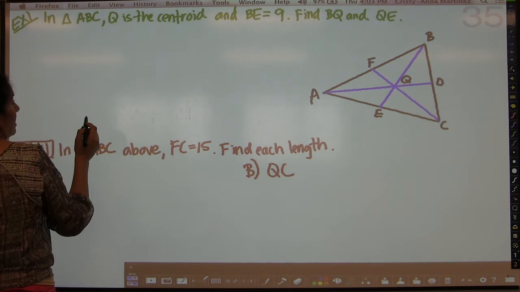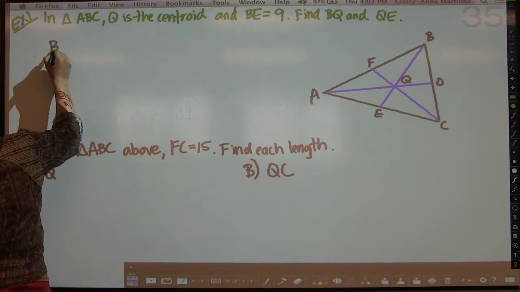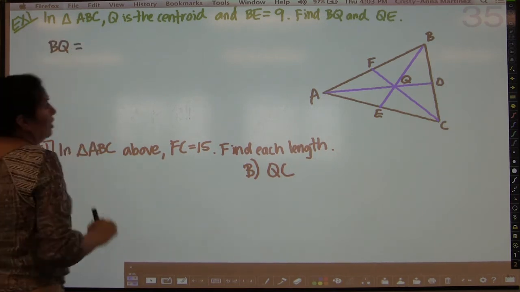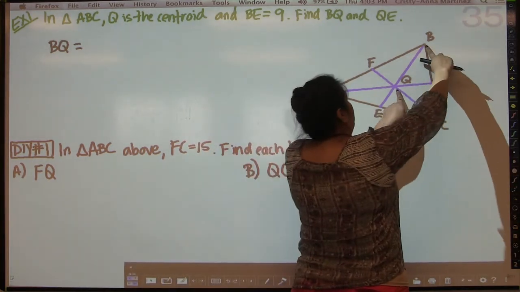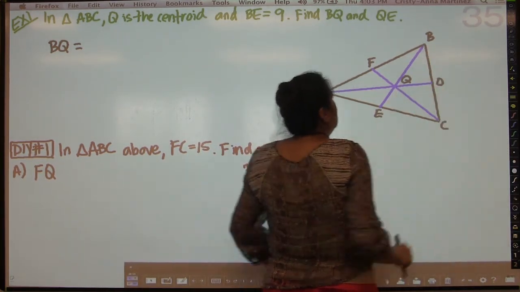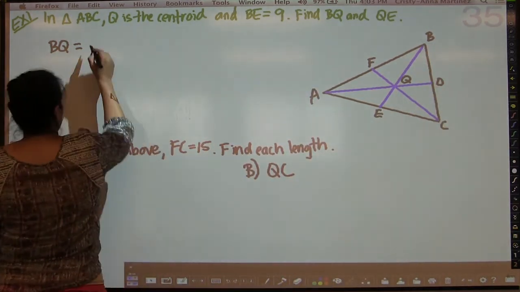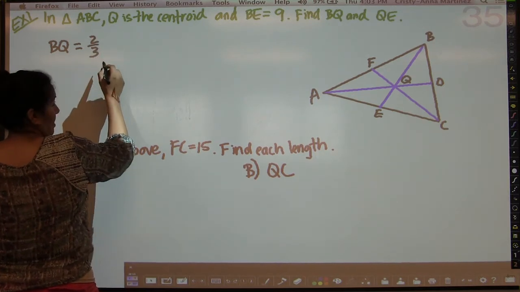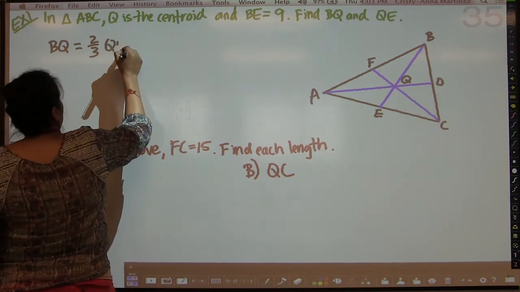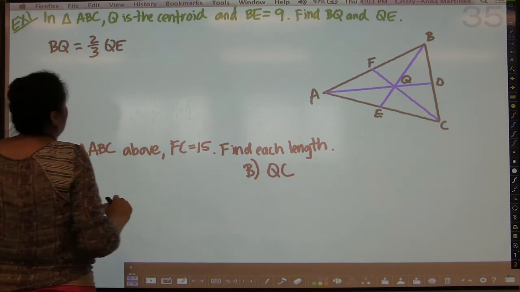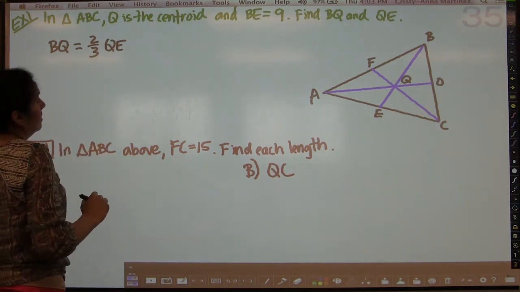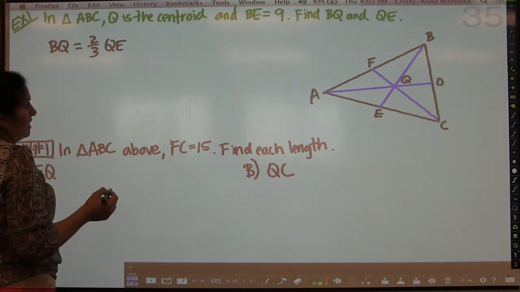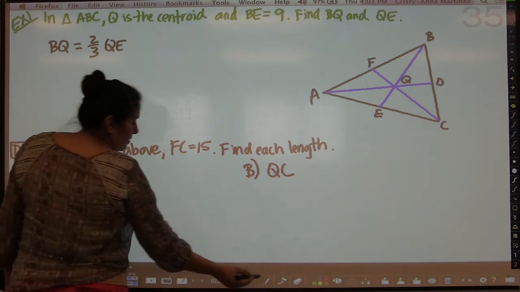So basically BQ, if we look at the diagram, BQ is the larger of the two pieces. So BQ is equal to 2/3 of, sorry, not 2/3 of QE, it's 2/3 of BE.